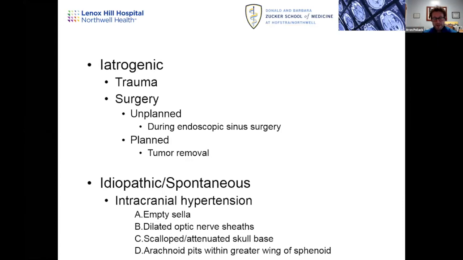And years of constant beating against the base of the skull, the floor, wears away at this bone. And it almost becomes like Swiss cheese, so to speak. And over time, holes develop, and then the lining of the brain may herniate through the hole, and then brain tissue may herniate along with the lining. And then over time, they start leaking fluid.